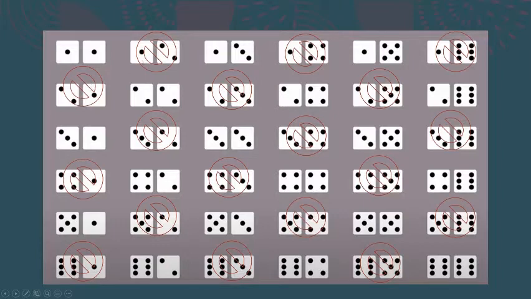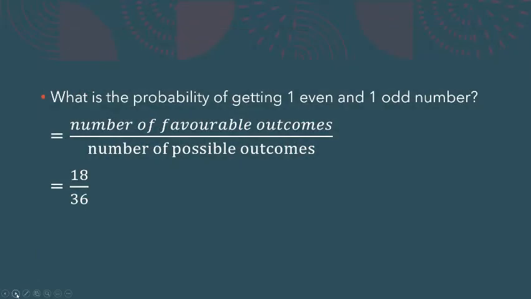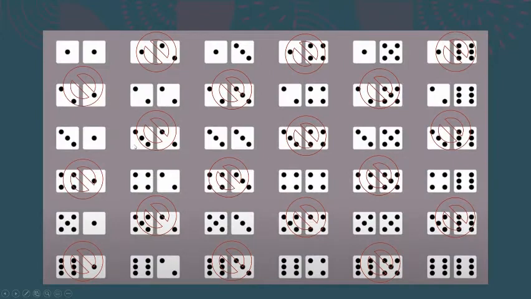Kung i-add natin lahat ng mga events na kinancel out ko, makukuha natin ay 18. Tapos, kapag i-add natin lahat ng possible outcomes, makukuha natin ay 36.